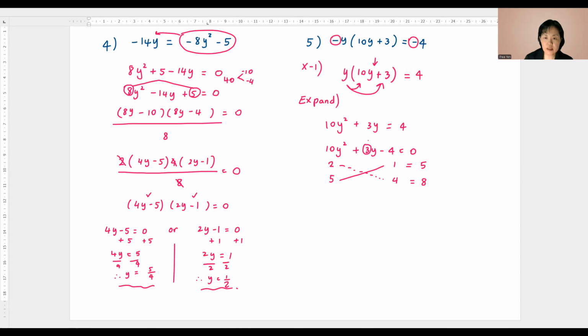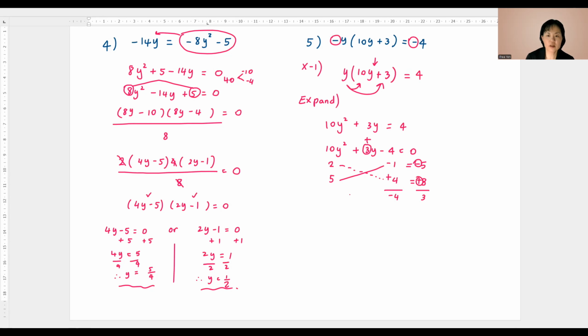So positive 3: I'm going to make the bigger one positive, the smaller one negative. That way, when you add it together, you will get positive 3. And these signs are going to be the same, so when you times it together, you will get -4.